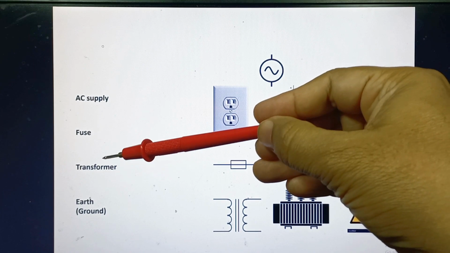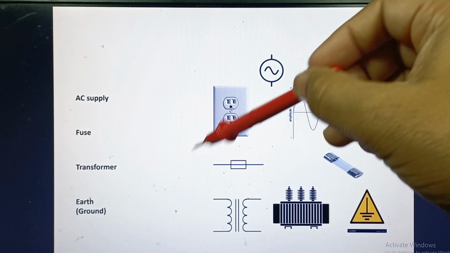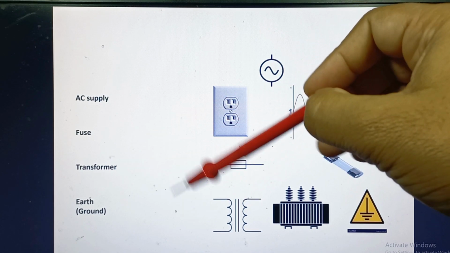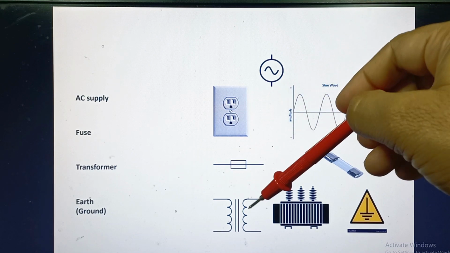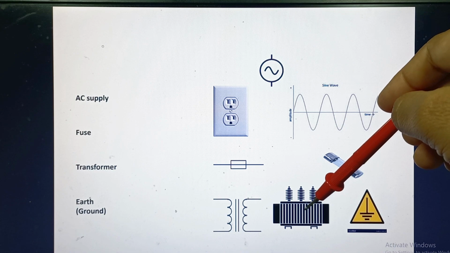Now coming back to another important component of electrical and electronics engineering, which is the transformer. Here you can see the symbolic representation of a transformer. This one is the physical appearance.